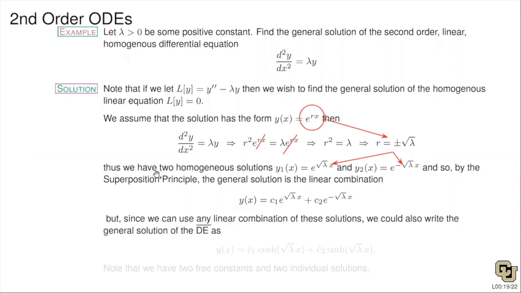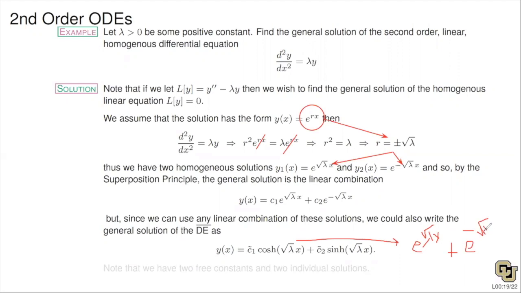By the way, just for future use, because any linear combination of these works, we could also write the solution in the form cosh of square root lambda x and sinh of square root lambda x. Remember that cosh of square root lambda x is e to the square root lambda x plus e to the minus square root lambda x, over 2.